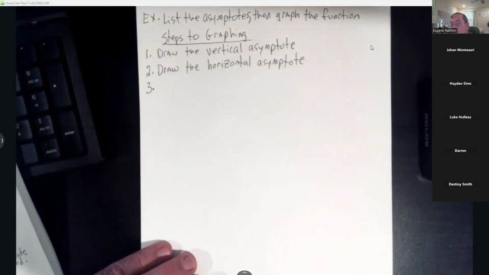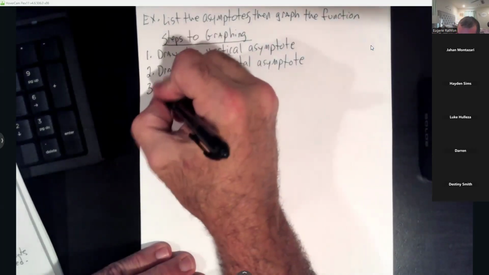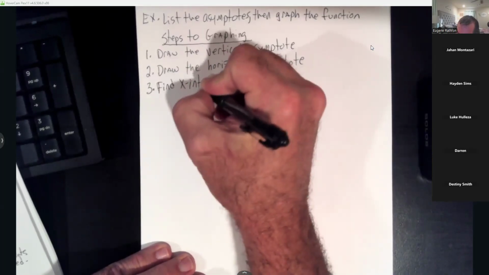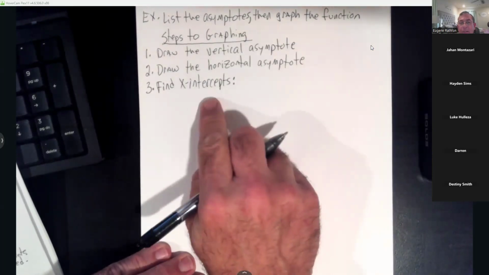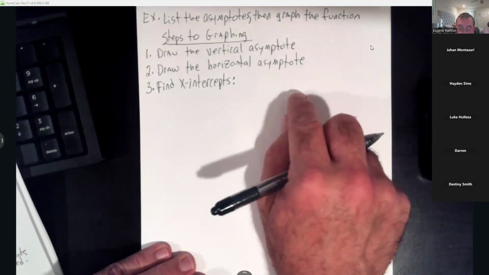All right, at that point, I'm going to find any x-intercepts. Because y'all, if I find the x-intercepts, that'll tell me where my graph is crossing over the x-axis at.